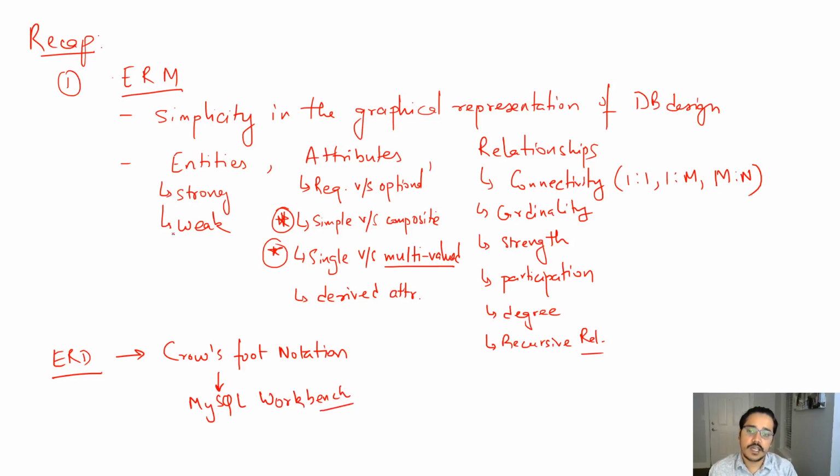For each and every entity you have to evaluate its attributes, and then you have to evaluate the relationships that each entity has with other entities along the lines of these different subcomponents.